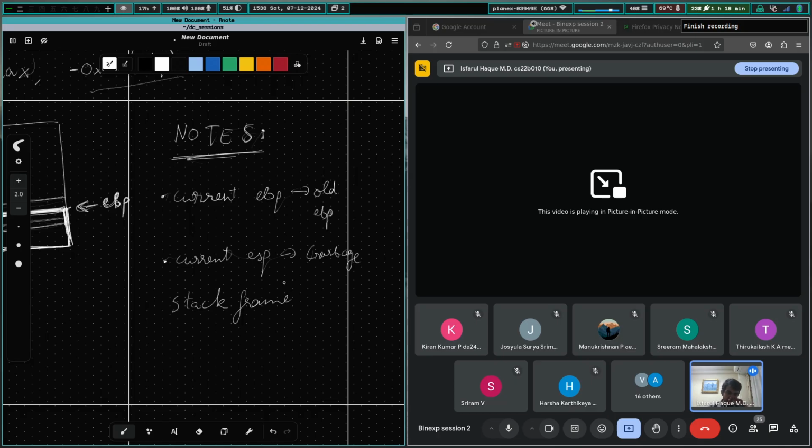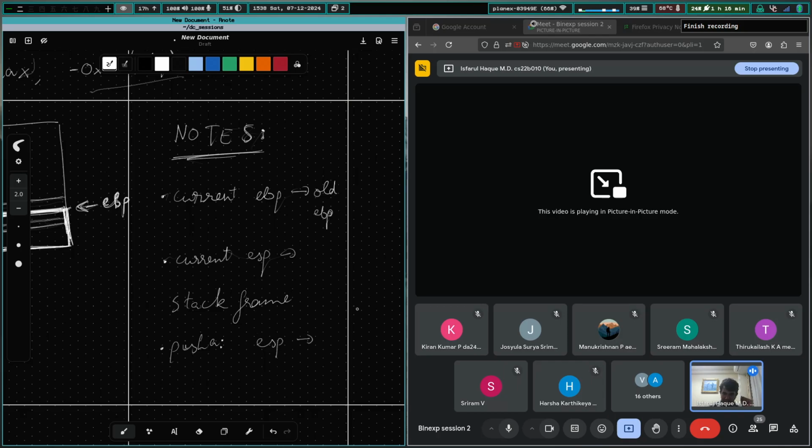If you see the flow, you will be able to see how this is happening. So when you push anything at all, wait, this might be wrong. I'll come to this. So when you do a push, after the push ESP starts pointing to that value.